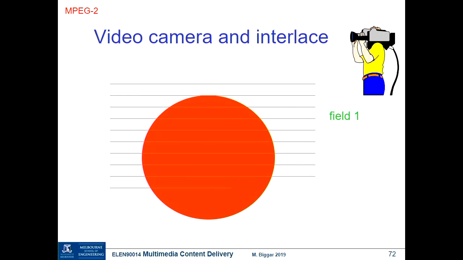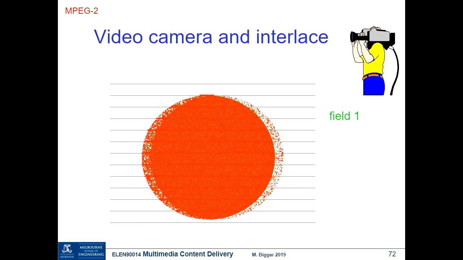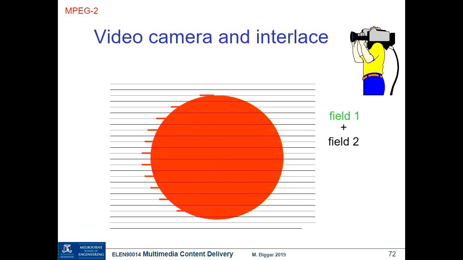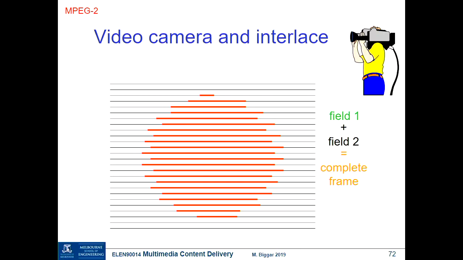We did talk about this a bit before, but we scan our orange circle, our tomato, whatever it is, at one time, and then by the time field 2 comes along, the tomato has moved a little bit to the right, and so instead of having a smooth representation within a whole frame, we end up with this jagged edge. And I think I showed you an example of a real video frame from TV in the first lecture that showed this jagged edge.